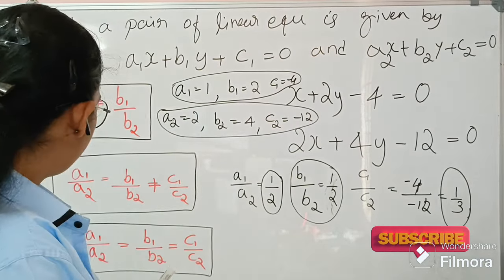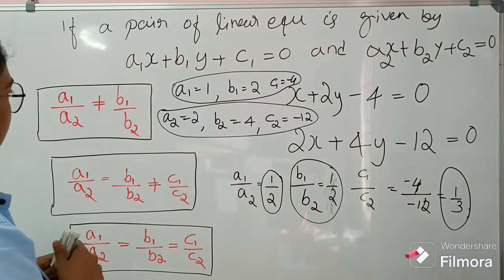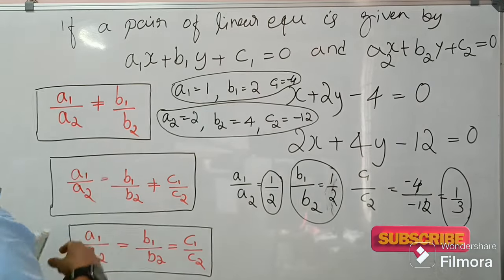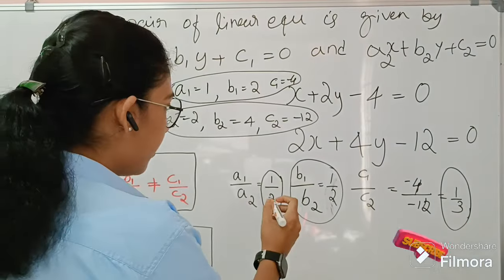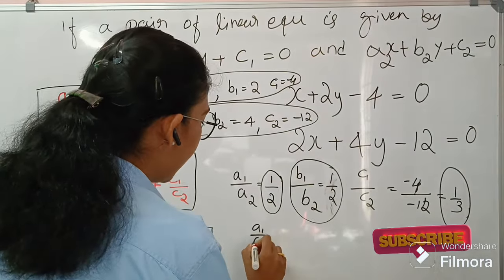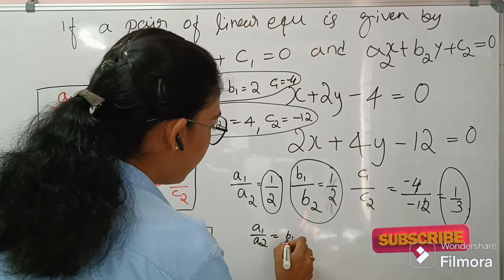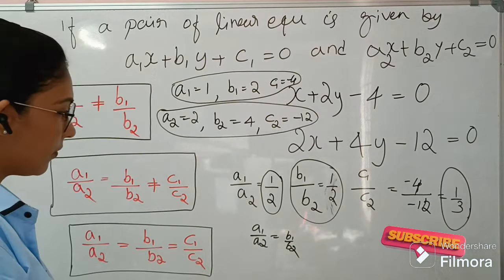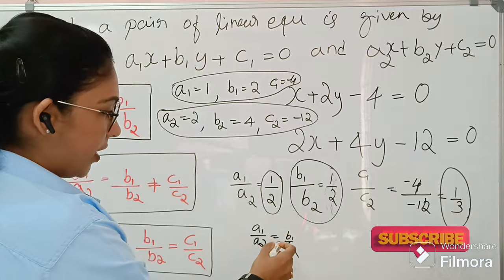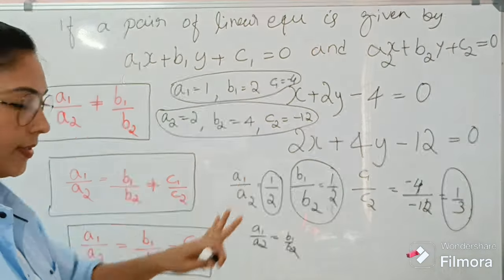Okay, so let's check the first condition, that is, a1 by a2 is not equal to b1 by b2. Here it is clear that a1 by a2 is equal to b1 by b2 in this case.